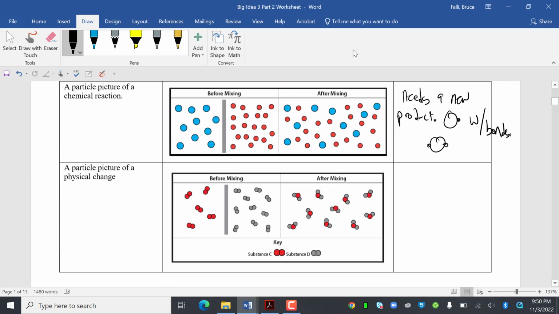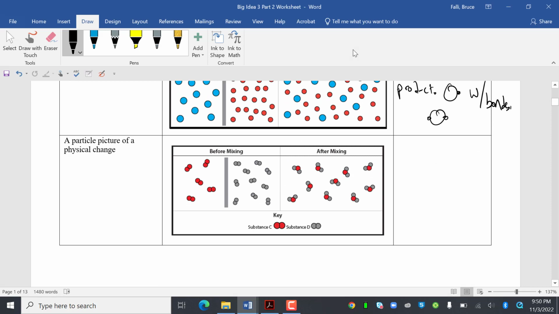Particle picture of a physical change. Physical change, triangle means change, means NS, no new products. So that just means mix only. So that would mean I'd have a red one, and then I'd have a green one.